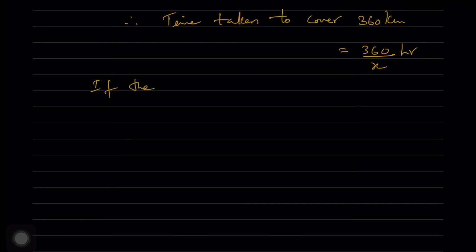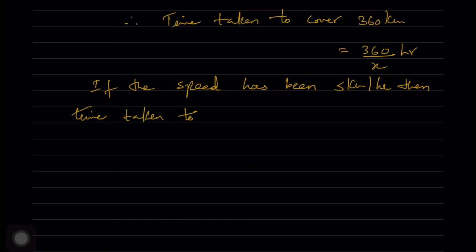If the speed had been 5 kilometers per hour more, then time taken to cover 360 kilometers is equal to 360 by x plus 5.